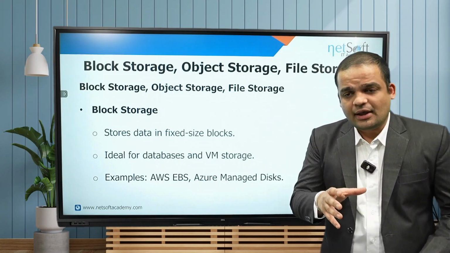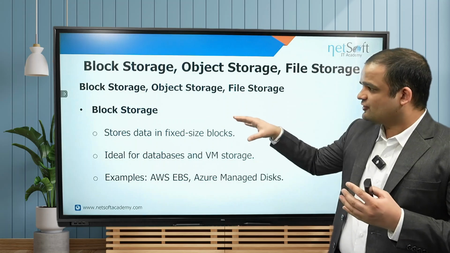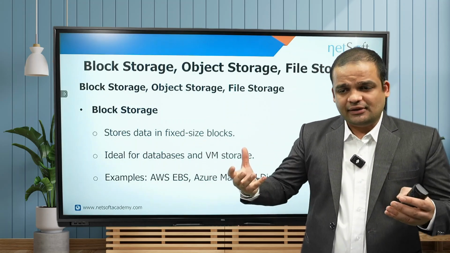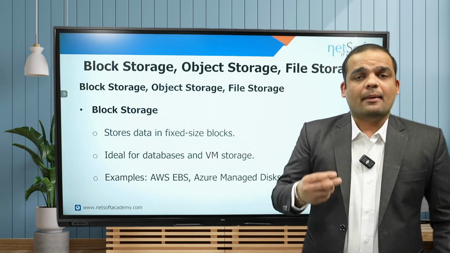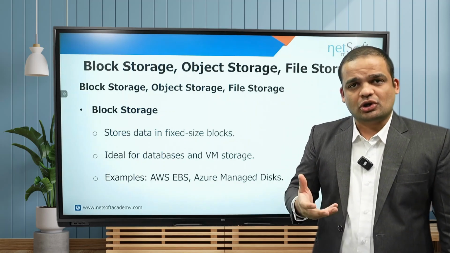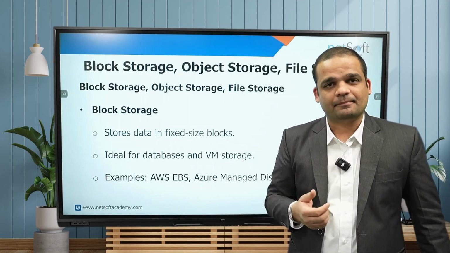In simple words, in block storage, data is stored in chunks. And whenever you want to access it, these chunks are reassembled. This gives you the best latency performance, and it also makes sure that you can store a huge amount of data, obviously in parts.